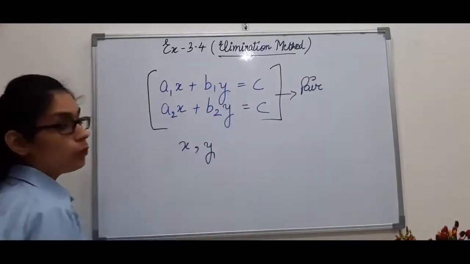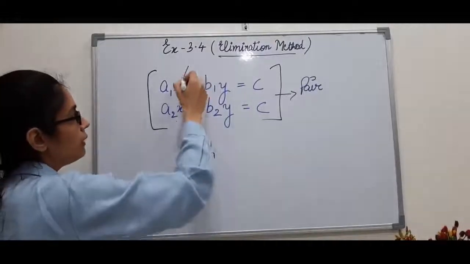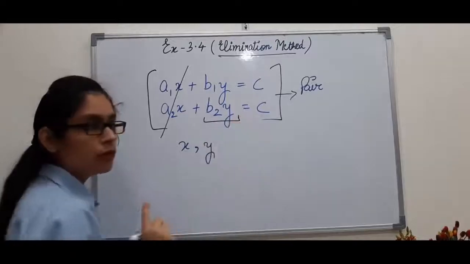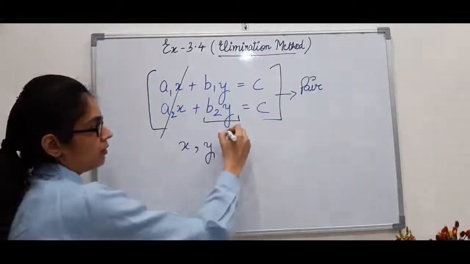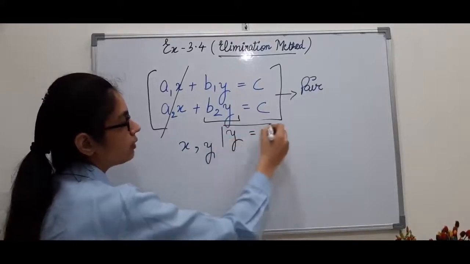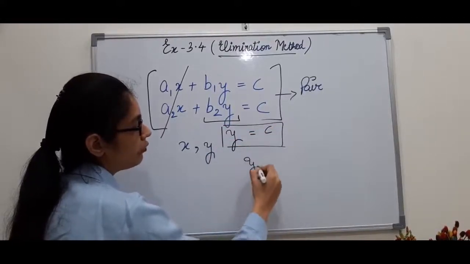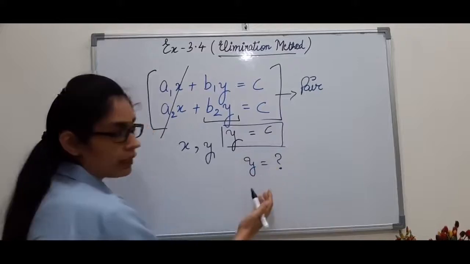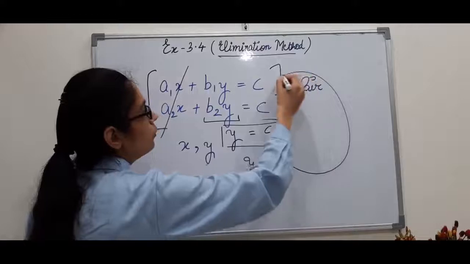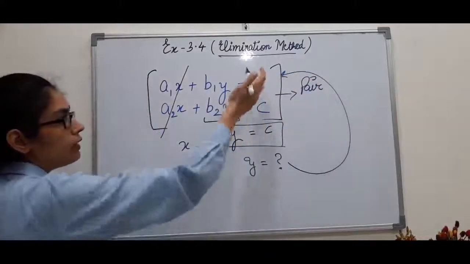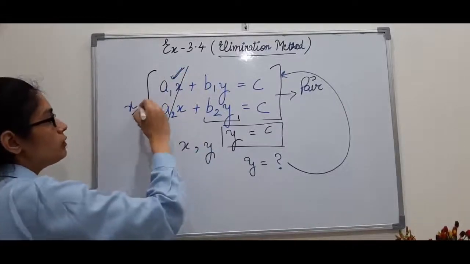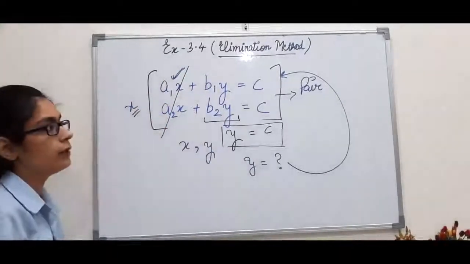To remove means I have to completely remove one of the variables so that I am left with only one variable and the constant value. So I can easily find the value of that variable, and I will use this value in any one of the given two equations to find the value of my first variable which I have removed earlier.